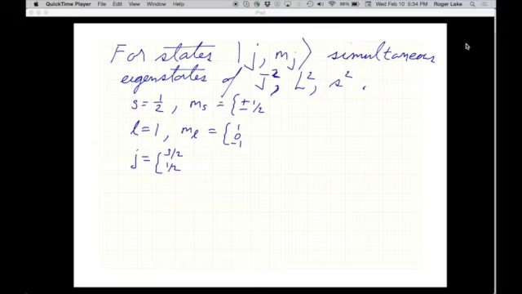But given that these are simultaneous eigenstates of this, we're going to spend some time discussing how to go from our present basis into this basis.